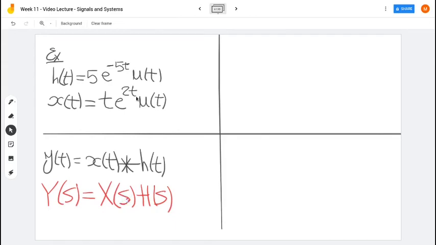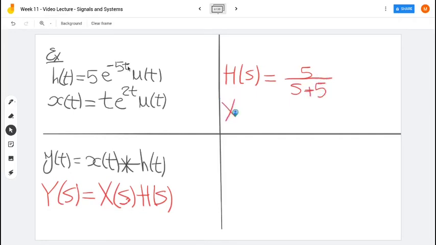So now we need to find X of s and H of s. So h of t takes the form e to the power at u of t, and a here is minus 5. So H of s will be 5, which is a constant we have, over s minus a, which is s minus minus 5, so s plus 5.